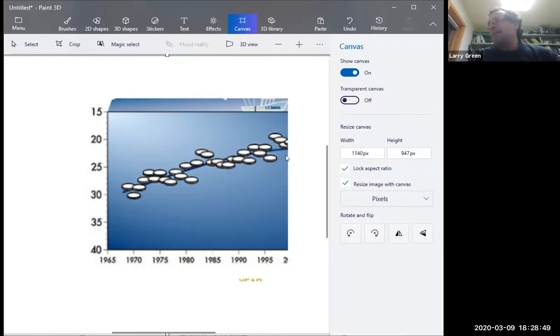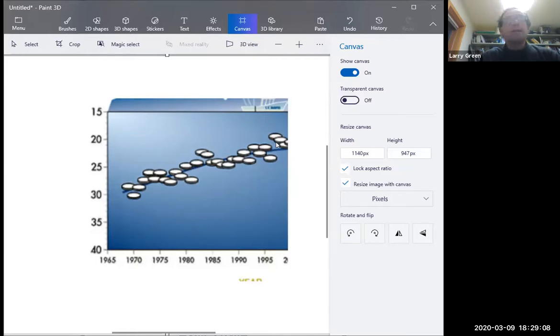And then by 2000, it tends to go around maybe 21. Okay, so in 30 years, we've lost 9 meters of visibility. 9 meters is a lot, by the way.